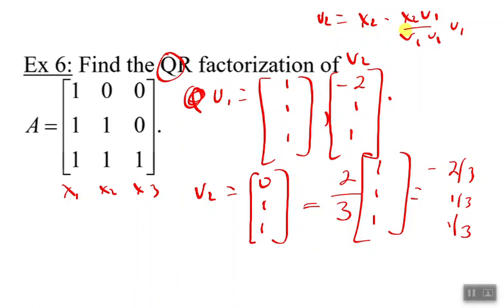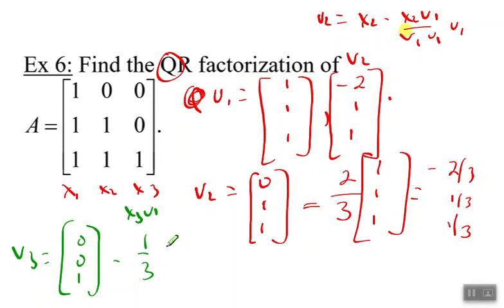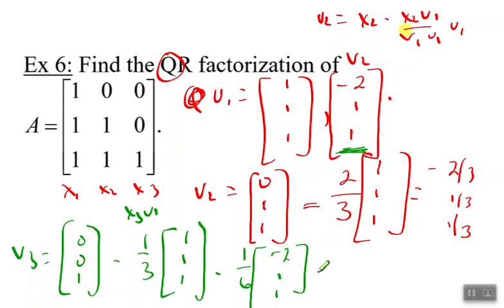So that's the second vector. The third vector is going to be 0, 0, 1 minus 1/3. This is x3 dot v1 stuff. And the first vector is 1, 1, 1 minus x3 dotted with v2, which is going to be 1/6. Because now we're looking at v2, the magnitude of that is 6. And then we have negative 2, positive 1, positive 1. So that gives me 0, negative 1/2, positive 1/2.